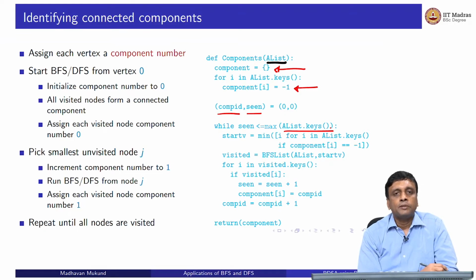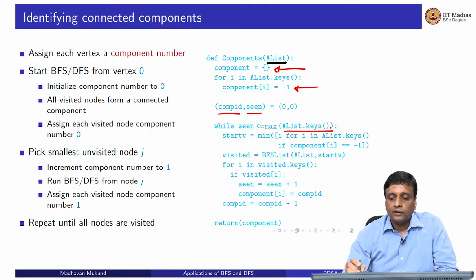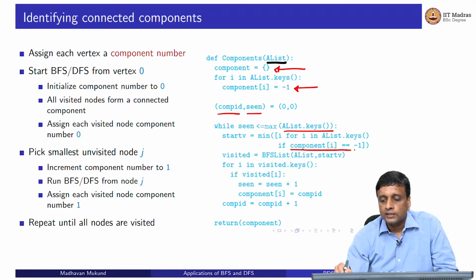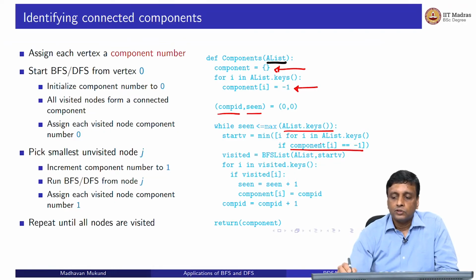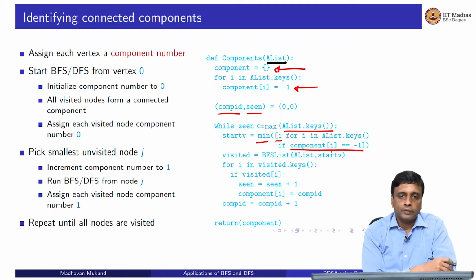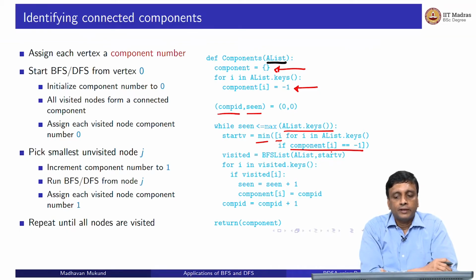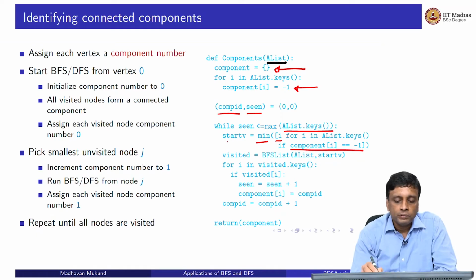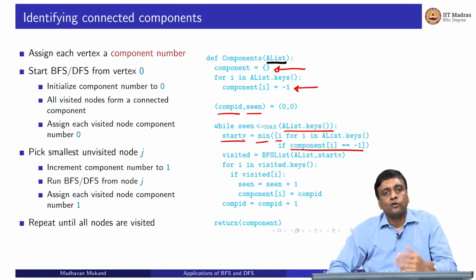So, what is that work? I must find the smallest vertex which has not been seen. So, I take all those vertices whose component is -1 and I take the minimum. This is a short form for saying I construct a list of all i whose component value is -1 and I take the minimum of that, which is a built-in list function in Python, and that is going to be my start vertex for my next round of BFS.